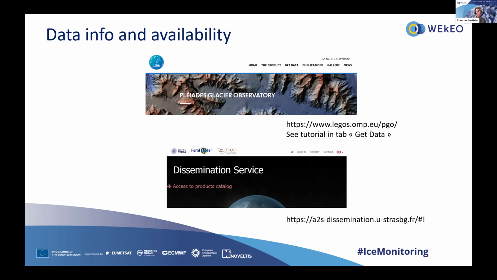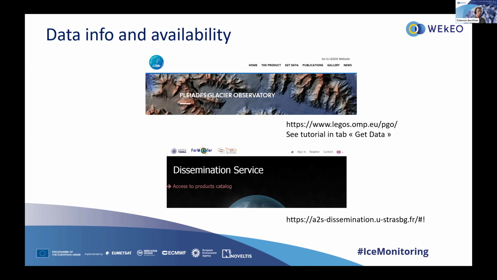If you want to know more about this acquisition program and the data we provide to the community, I invite you to visit our website, the Pleiades Glacier Observatory website. We describe the product. We describe also in detail how to access the data. That access is maybe not as easy as we would like, but still the DEMs are all open source, but you need to register to sign in to get access to the data.